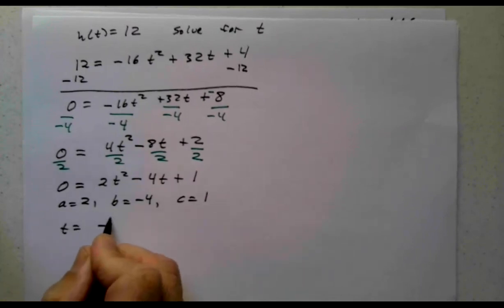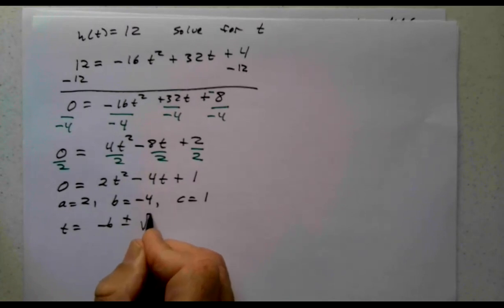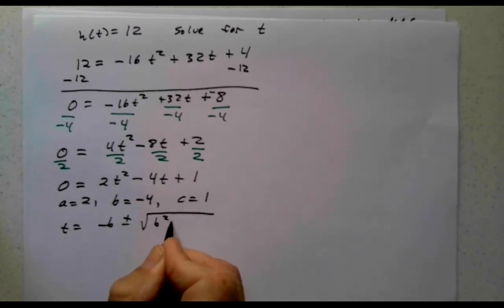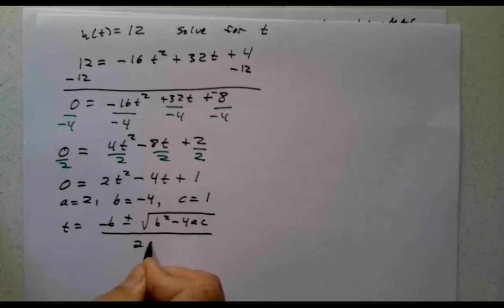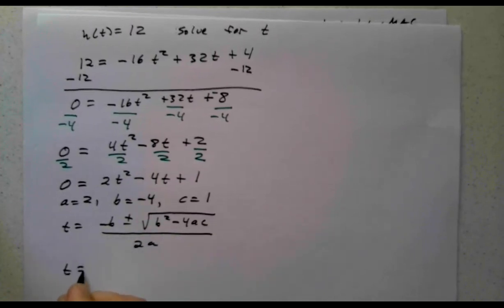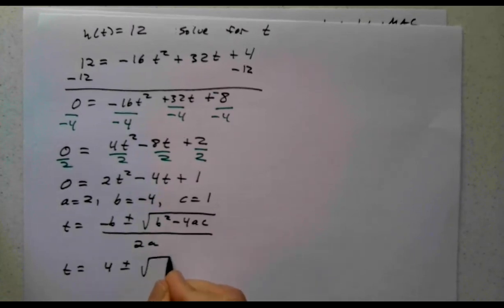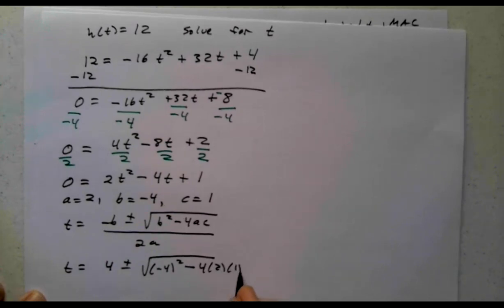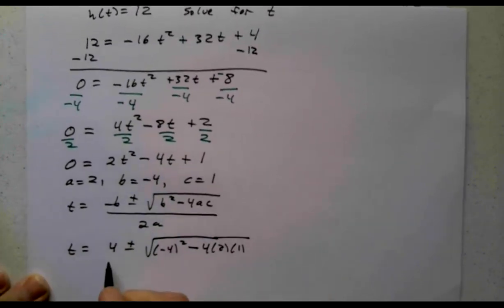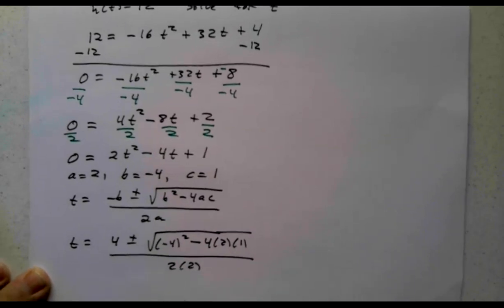t equals negative b plus or minus the square root of b squared minus 4ac, all over 2a. Negative b, negative of negative 4 is positive 4, plus or minus the square root of b squared, negative 4 squared, minus 4ac, 4 times 2 times 1, all over 2a, all over 2 times 2.